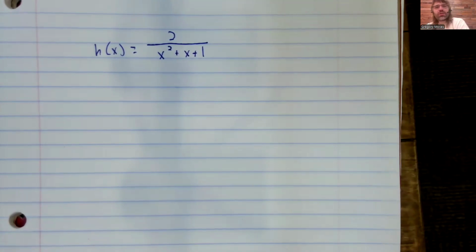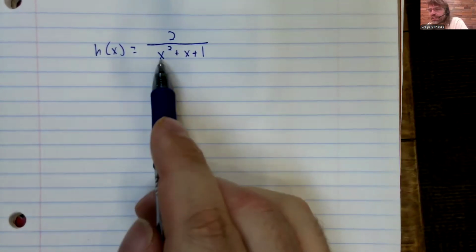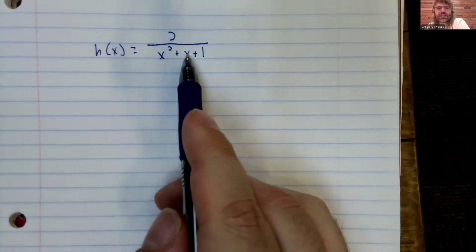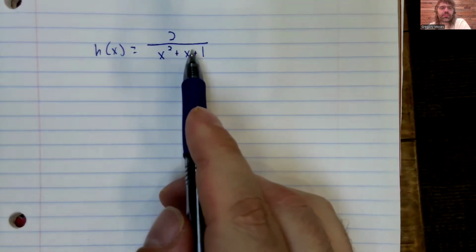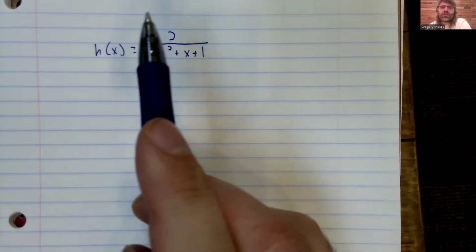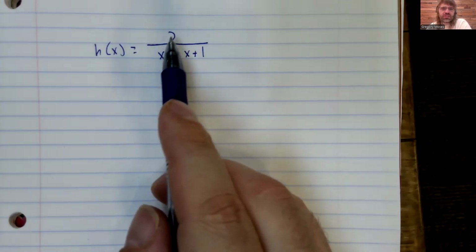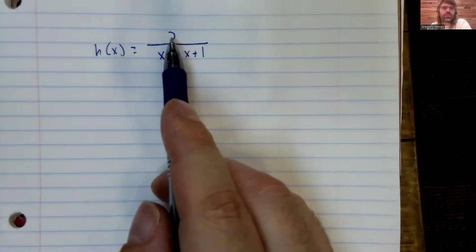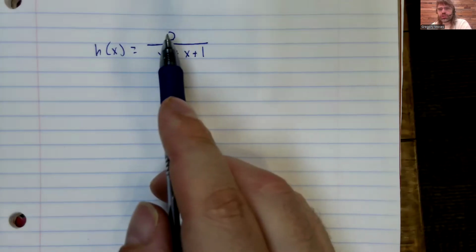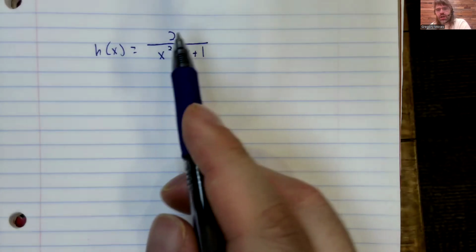But h of x equals 2 divided by x squared plus x plus 1. We don't need the chain rule for this. This is a quotient. We could use the quotient rule.